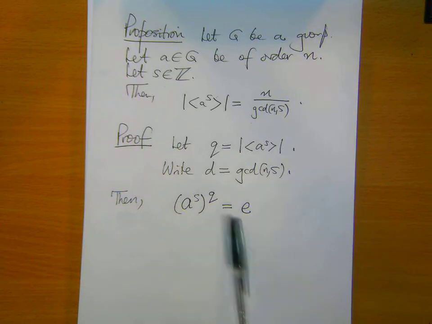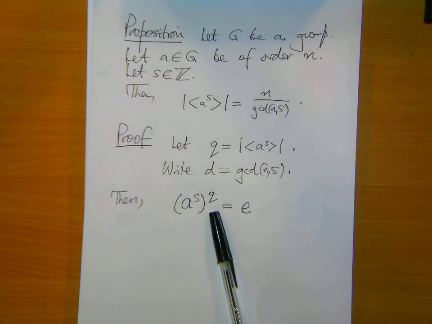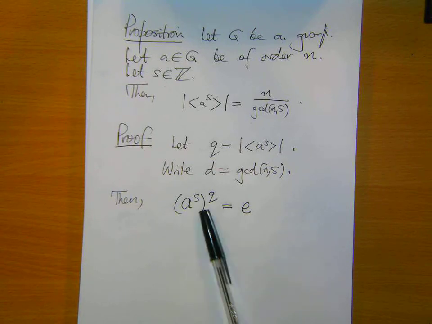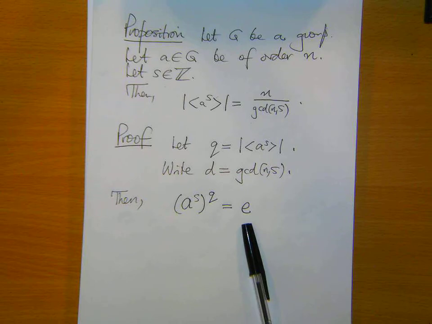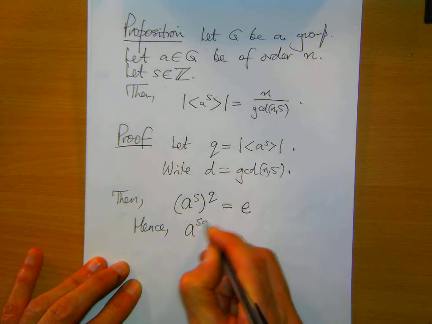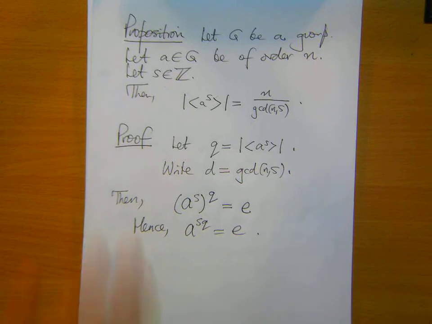In fact, q is the smallest positive power for which that's true, but certainly it is true for q. Okay? So then, using laws of indices, we get a to the sq is the identity.